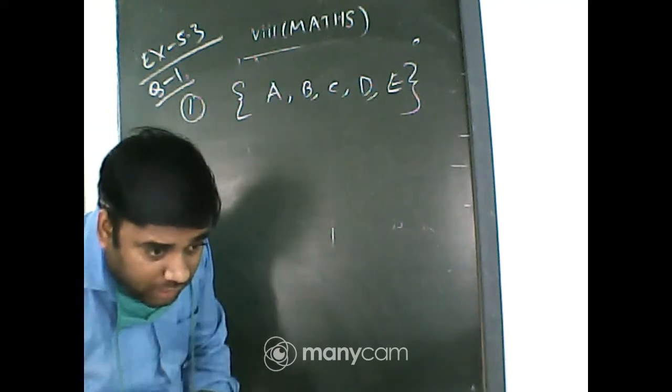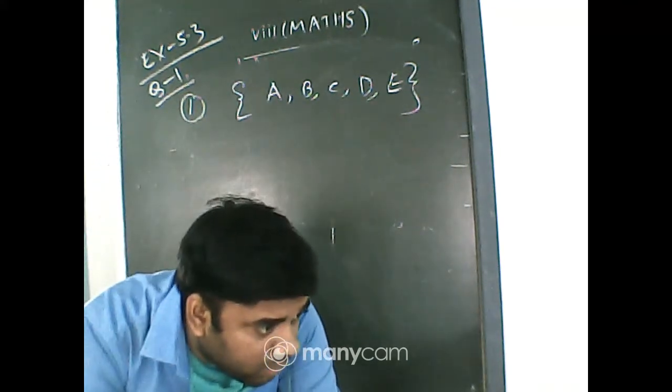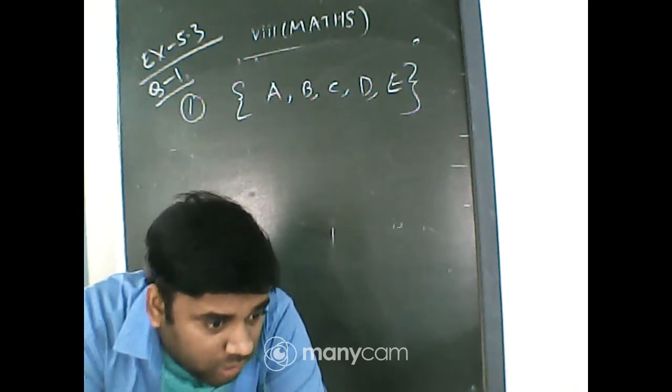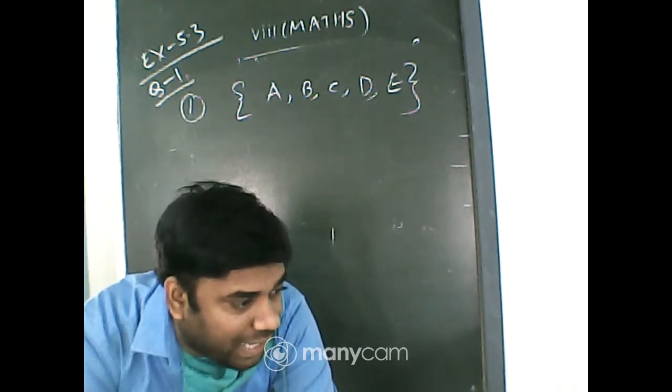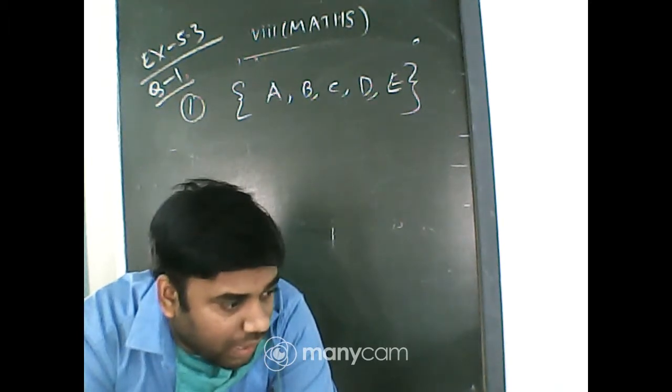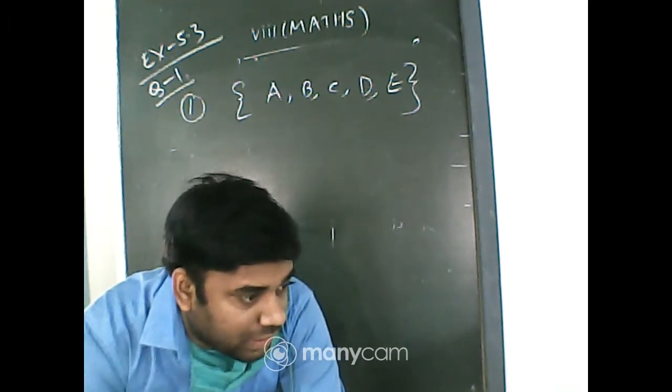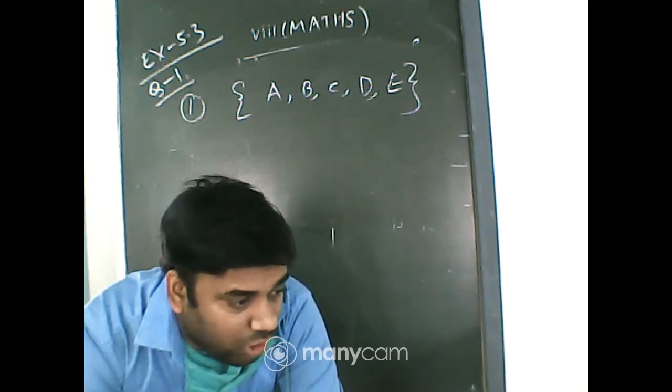A, B, C, not E. Actually, I have opened a page, and there A, B, C, D, and E are there. That's why I said E. Just I am checking. In your page, E is not there.